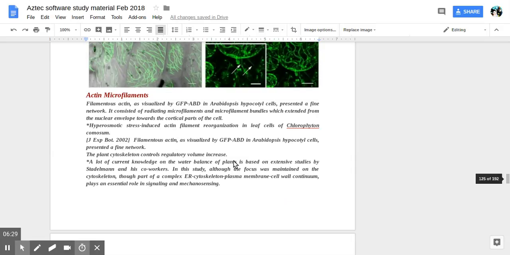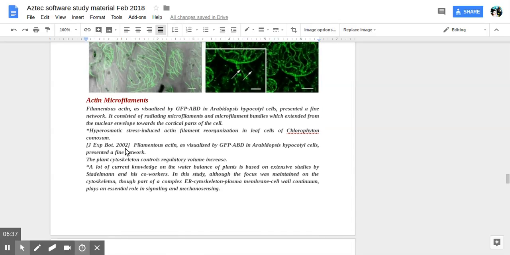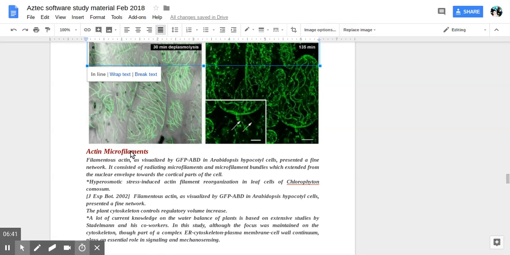Hypocotyl cells presented a fine network. It consisted of radiating microfilaments and microfilament bundles, which extended from the nuclear envelope towards the cortical parts of the cell.